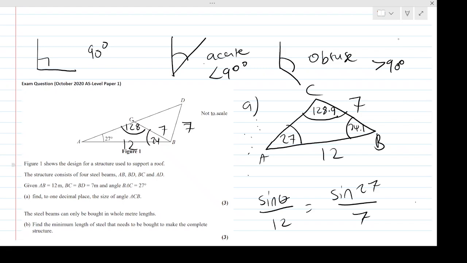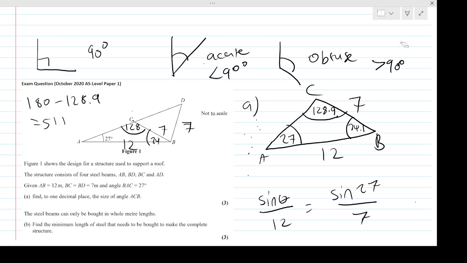Okay, well actually I can also work out this angle here as well. Because then this whole angle here is on a straight line, right? This 128 angle at C and the other angle would have to add up to 180. So then if I do 180 take away this angle 128, right, it was 128.9, that's going to get me 51.1.